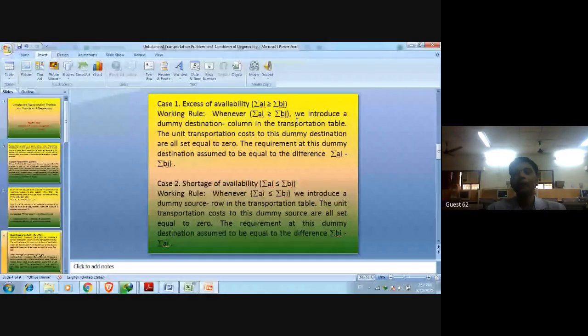The unit transportation costs to this dummy destination are all set equal to 0.